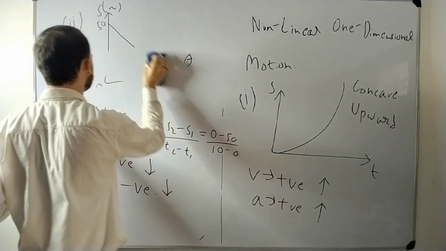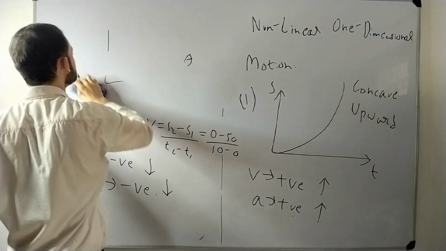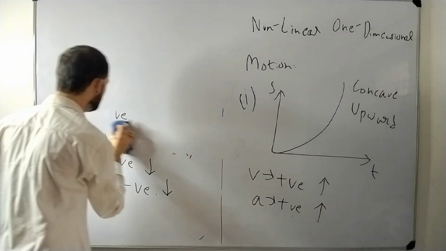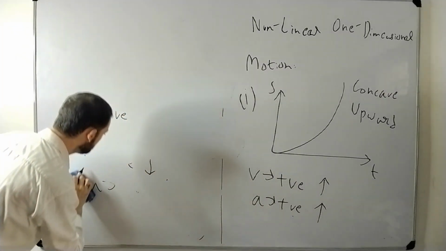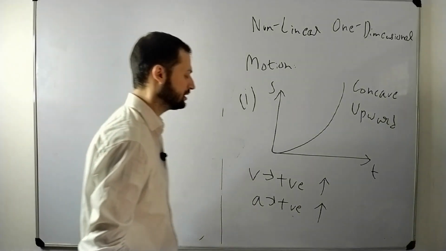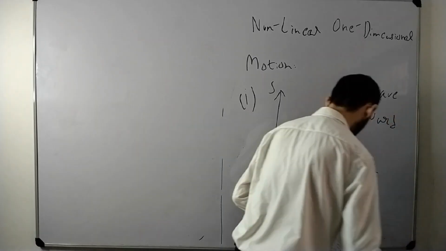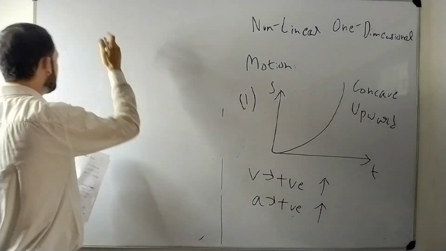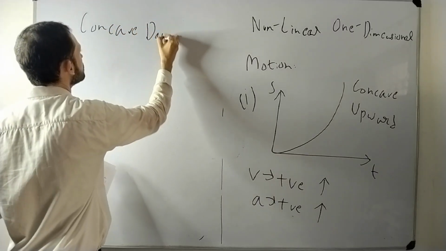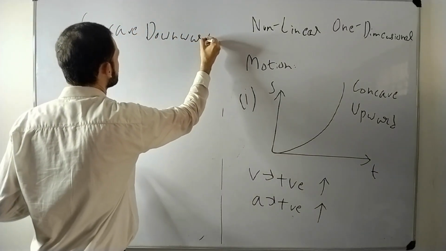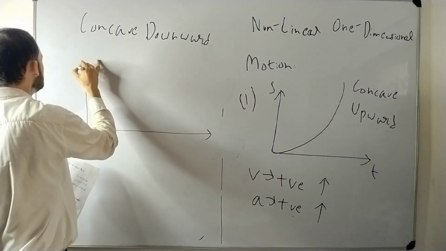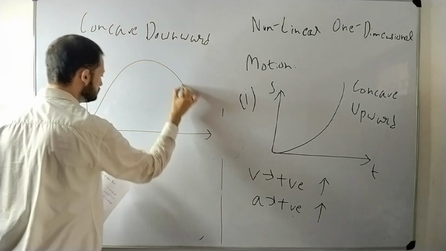Now concave downward. So you would be very happy that kinematics actually has ended with this second part, with the theory. Concave downward. So this is the general case of concave downward.